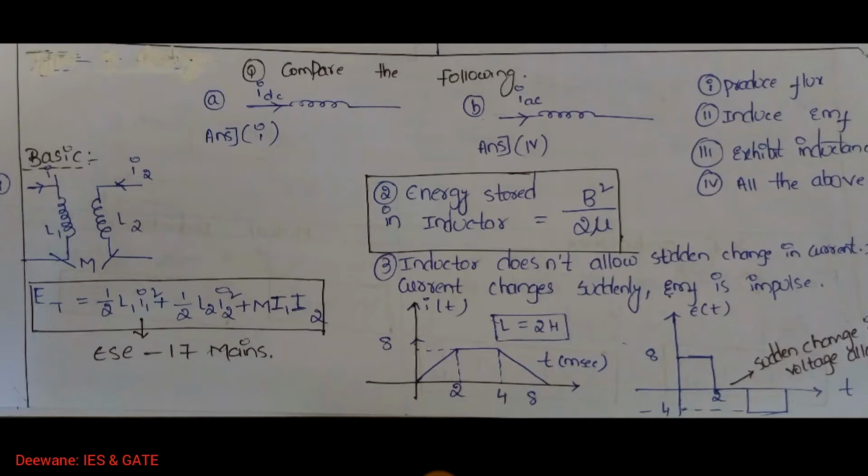Either the conductor has to move, like in generators, or the flux has to move, like in a transformer. So these two cases fail. In question A, only flux is produced. In question B, all the options are correct, because AC is applied, so the flux is time varying. Flux is produced, EMF is induced, inductance is exhibited, all the above.